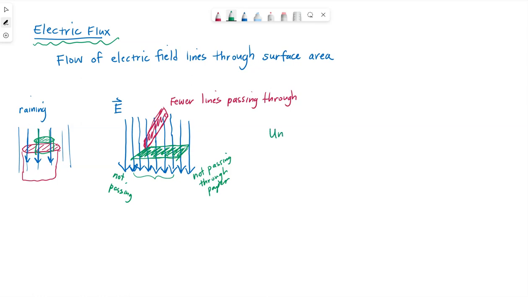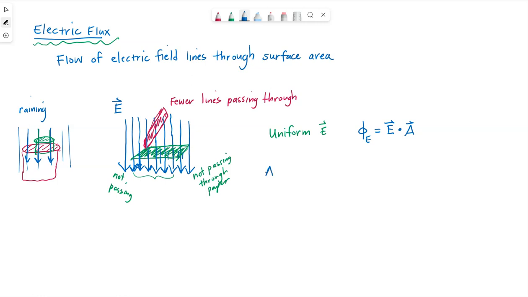For a uniform electric field, meaning it has the same value regardless of which line we're talking about passing through the surface, the electric flux is represented by the symbol phi. The electric flux can be written as the electric field vector dotted with the area vector.